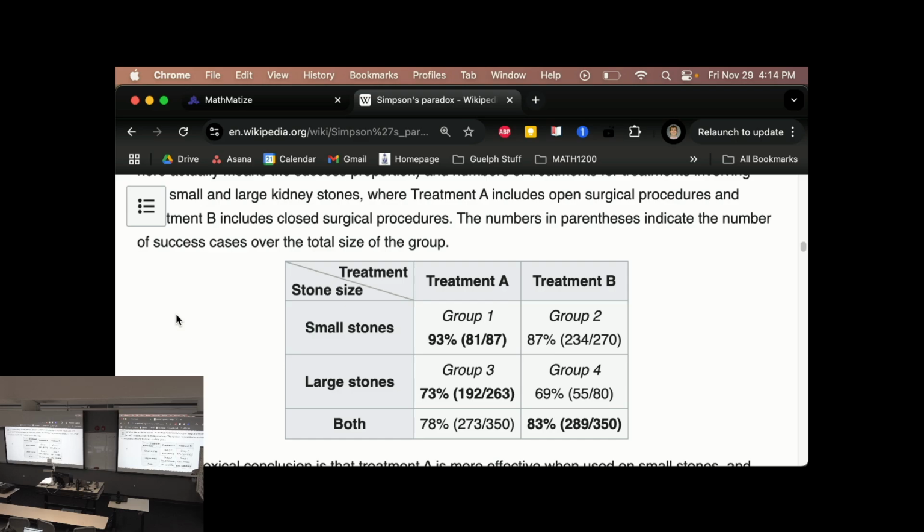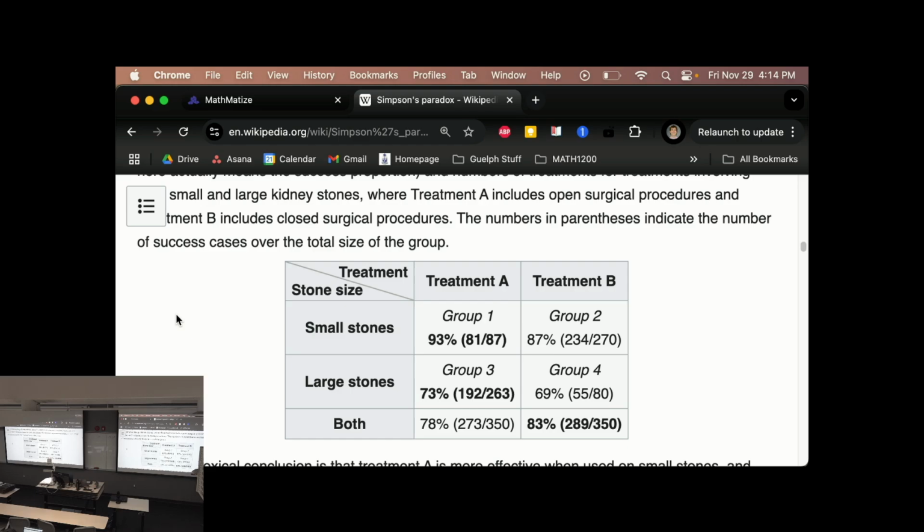And yet when you combine the data, you've got 350 cases, 273 of them successful: 78% successful for treatment A, but 83% successful for treatment B. Looking at the combined data, it looks like the best treatment is actually treatment B.